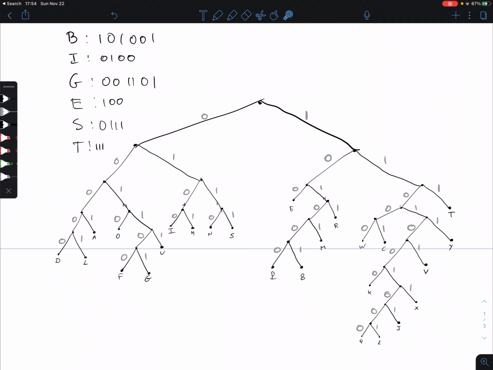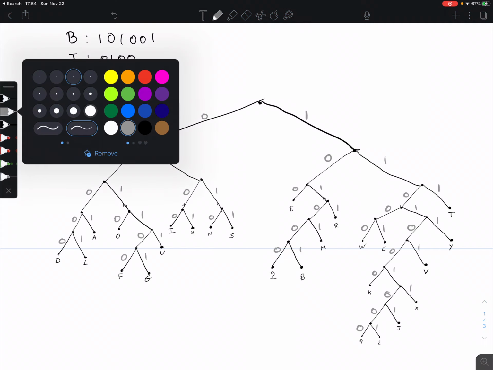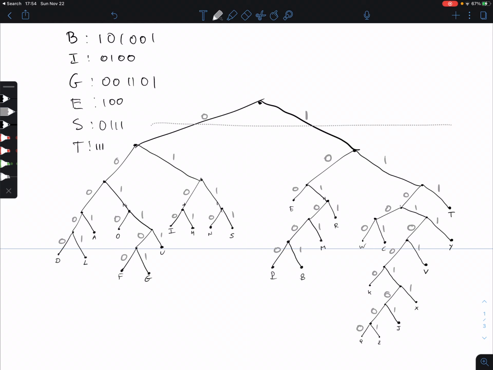Then I guess I could do it this way. So this is one level. This is the next level. These are the next levels. These are all the next levels. Be careful here. I think I did this correctly.